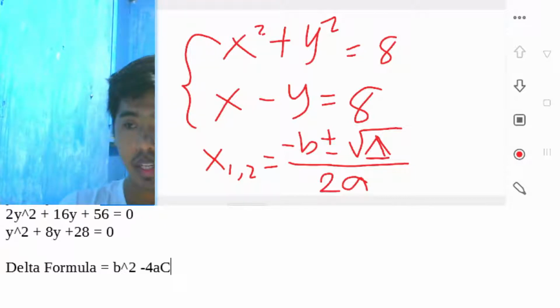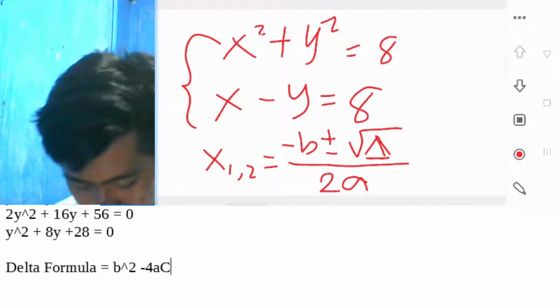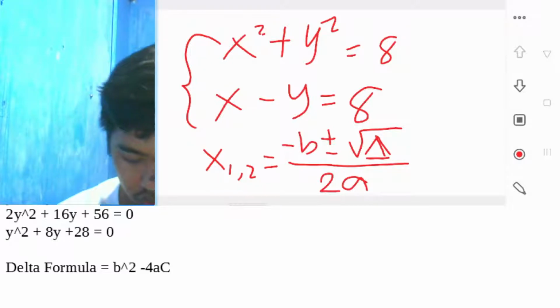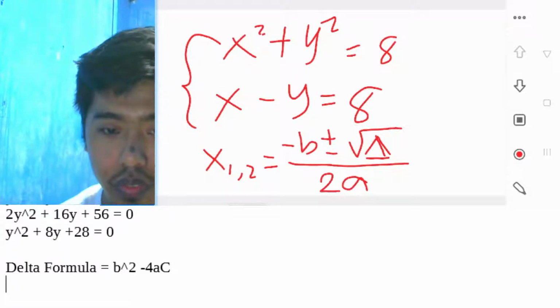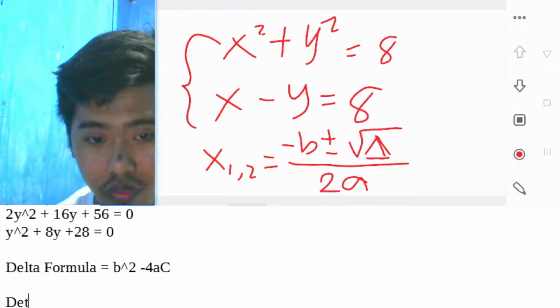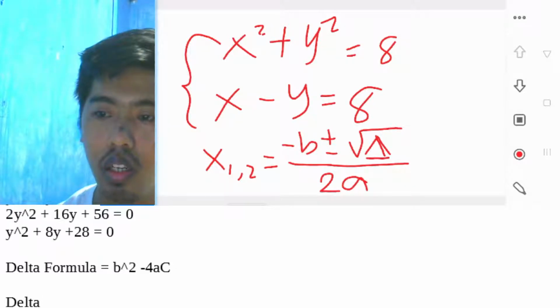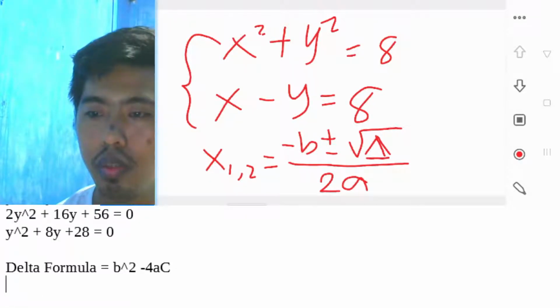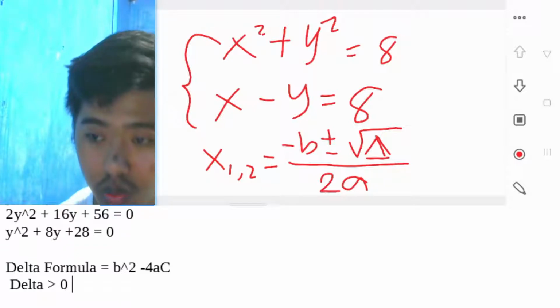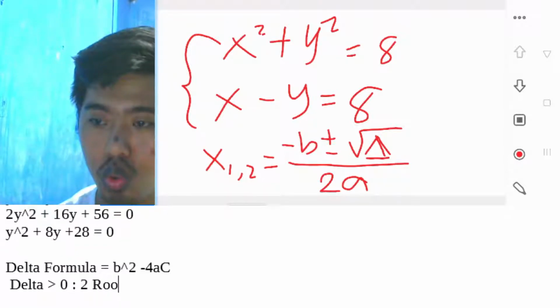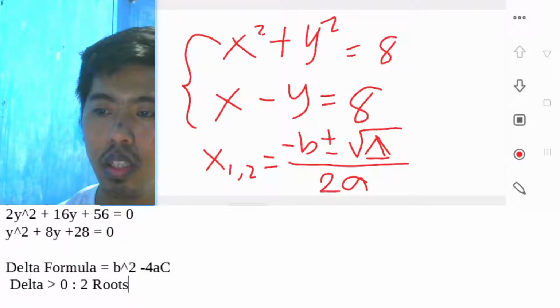Now, if delta is greater than 0, meaning two roots.